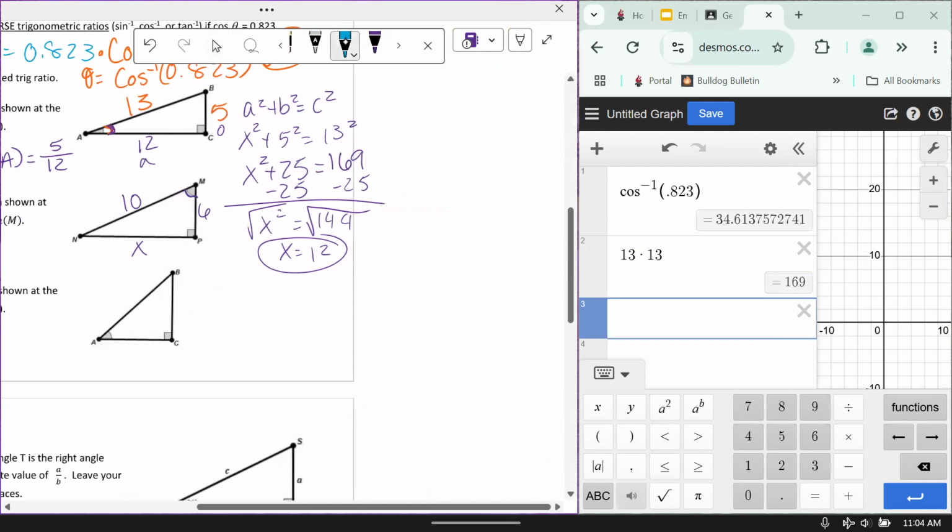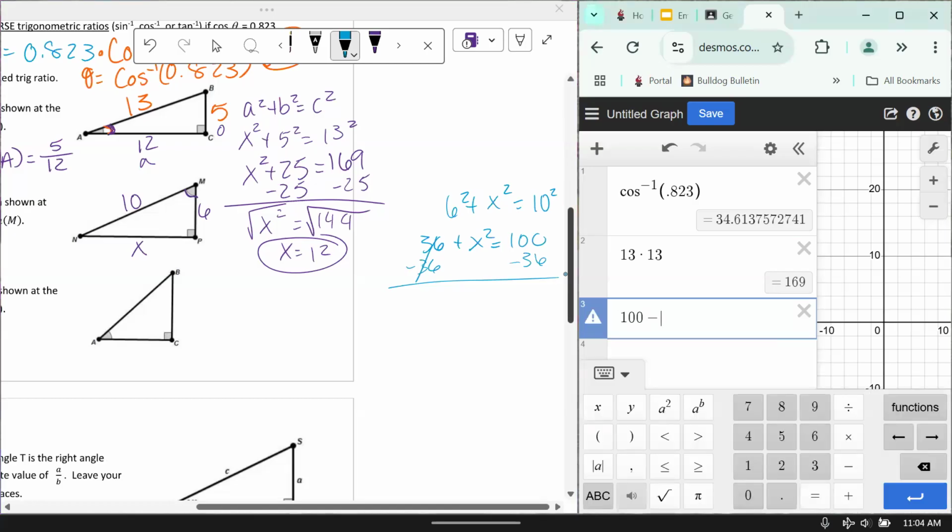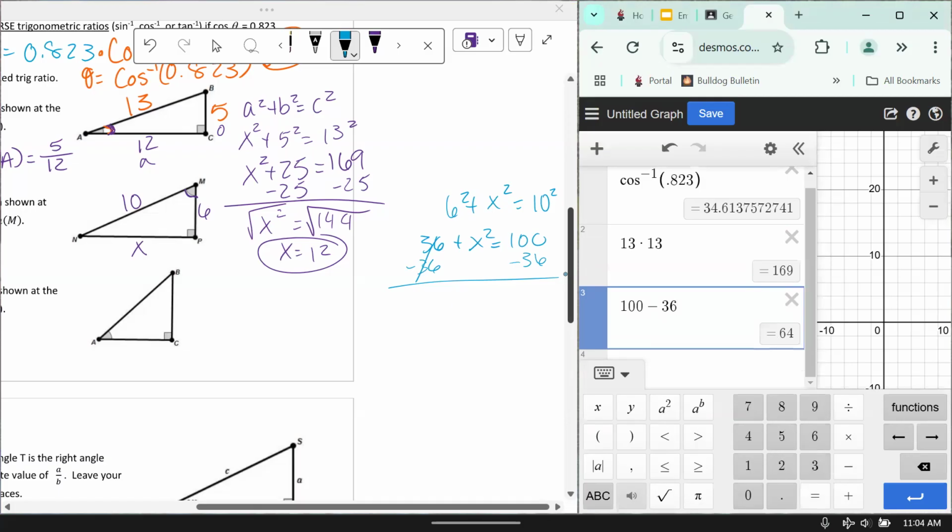So you're going to do the same thing. Throw it into the Pythagorean theorem. 6 squared plus X squared equals 10 squared, okay? 36 plus X squared equals 100. Subtract out our 36. 100 minus 36 is 64, so X squared equals 64.